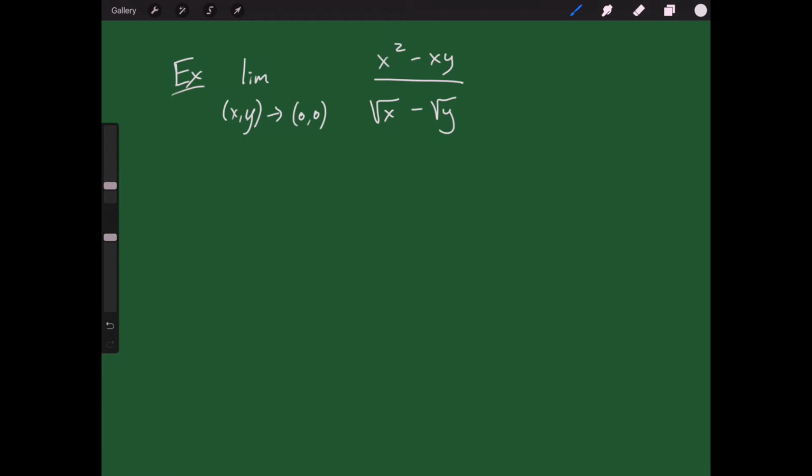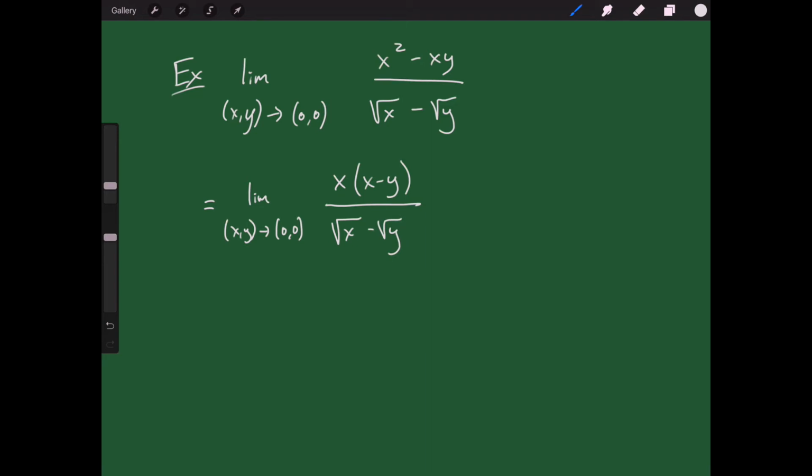So the next question we typically ask is, can I factor this thing? Well, it doesn't look like I can factor the bottom, but I may be able to factor the top. So I get the limit as (x,y) goes to (0, 0) of, on top I could factor out an x, and if I do, I get x times (x minus y), divided by the square root of x minus the square root of y.